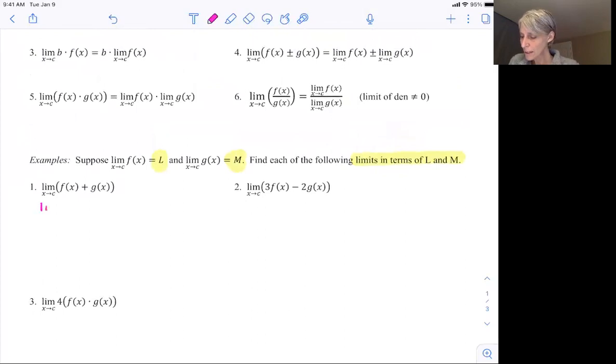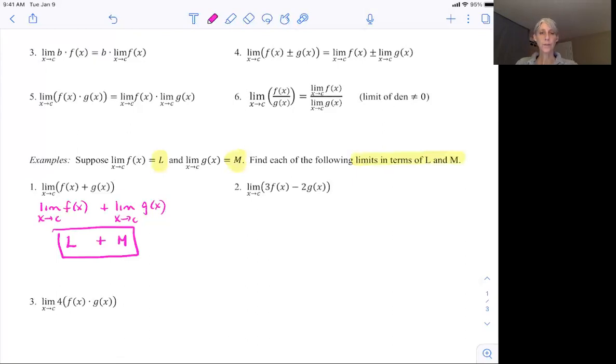This just means the same as this. And the limit as x approaches c, this is just L, and this is just M. That's your answer.